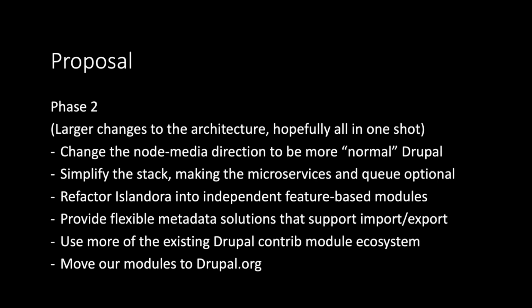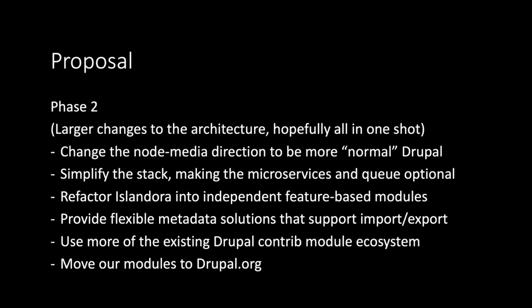So the phase 2 structure changes that we've outlined so far are to change the node media direction and become more like normal Drupal, if we just attached media in reference fields, media fields on nodes, the way that a normal Drupal site would. A lot more features would be available to us. We wouldn't need to use EVA views anymore. Things would be a lot more simple. So we're proposing this switch.